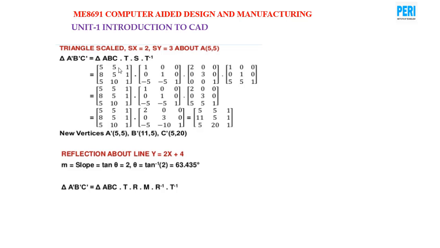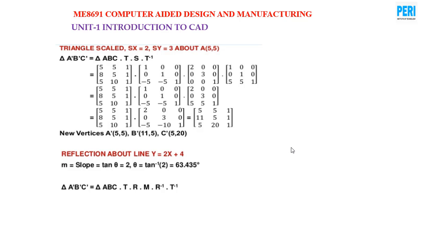This is the translation points, this is the scaling factors 2, 3, and this one is the inverse of T. So minus becomes plus. These two multiplied we get this answer, and these two multiplied we get this answer. Both multiplied, the net result will be 5, 5, 1, 11, 5, 1, 5, 21. The coordinates will be (5, 5), (11, 5), (5, 20).